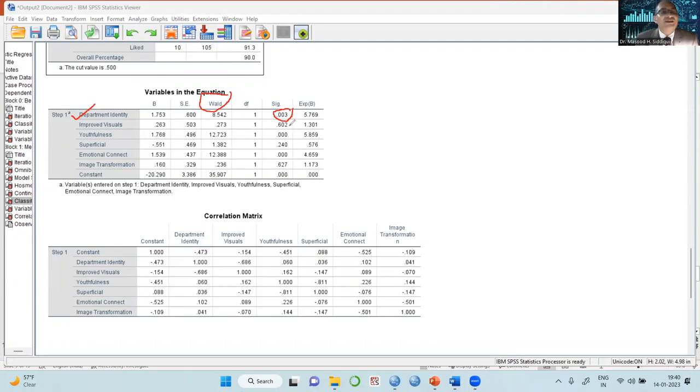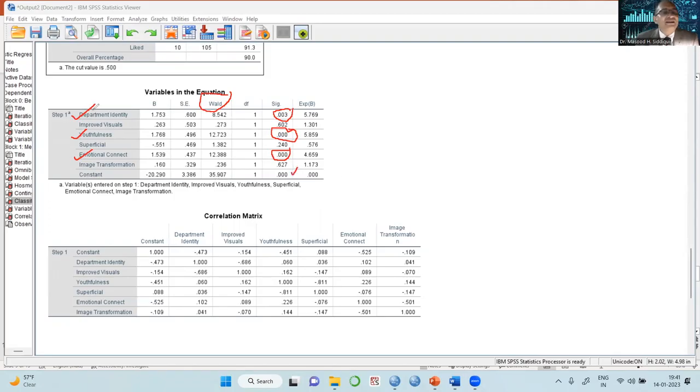Improved visual is not significant. Youthfulness, the p-value is 0.000, which is less than 0.05, so youthfulness is significant. Then emotional connect is also significant. So these three predictors are significant, and the other predictors are not significant. Yes, the constant is significant, that's okay.